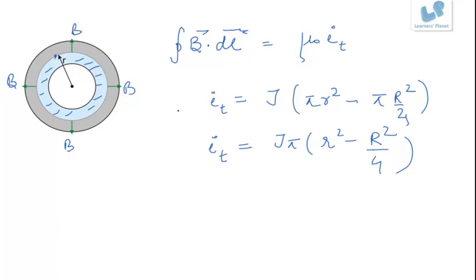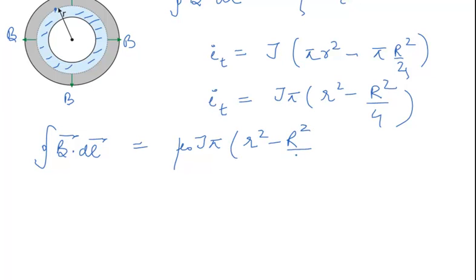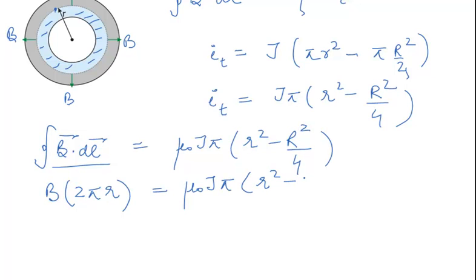If we substitute this value here, we get the line integral of B dot dl equal to μ₀ J π(r² − R²/4). Now if you take the line integral of the magnetic field across this imaginary loop, it will be B into 2πr equal to μ₀ J π(r² − R²/4).